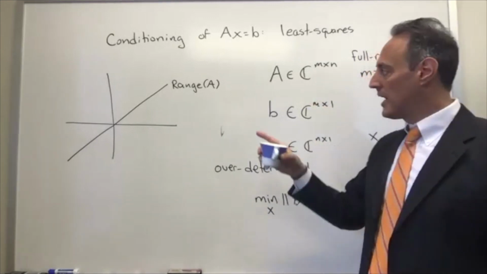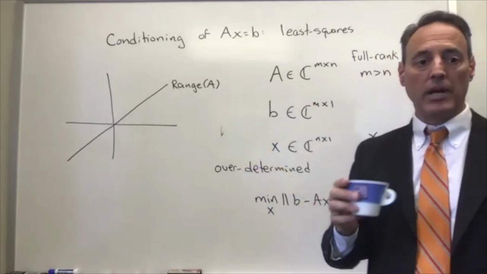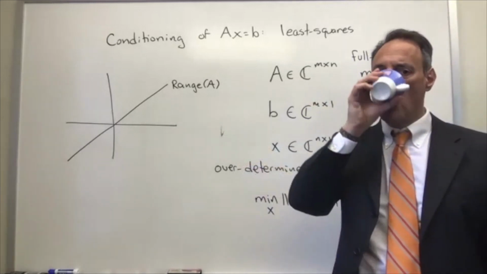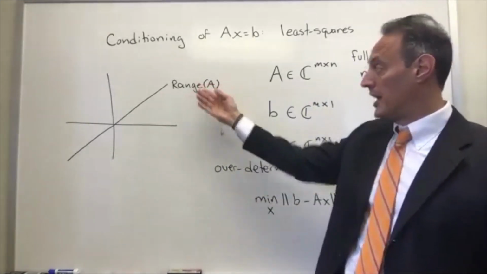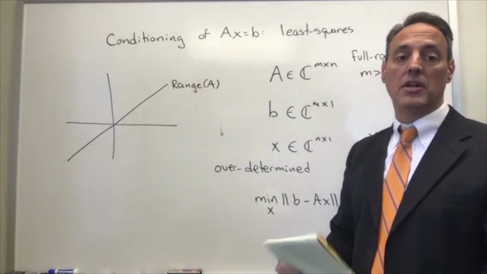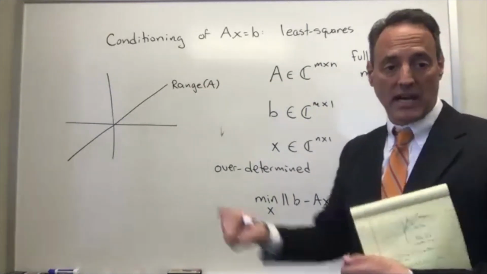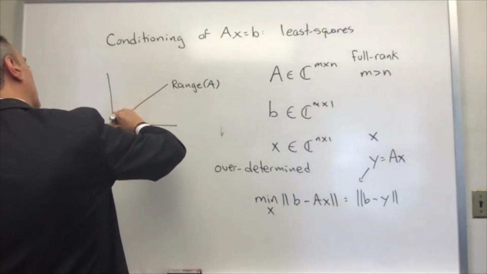So whenever I project B onto this range, it doesn't have to live in the range itself. It could be the case that B projects into the range, but generically, B sits outside. So there's some component of B that sits outside the range of A. So let's say that B is this vector here.